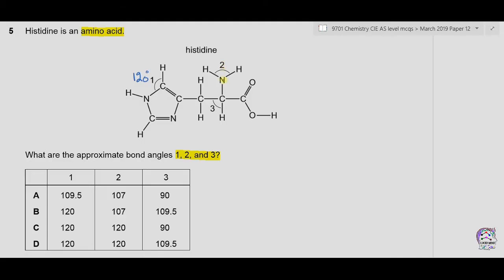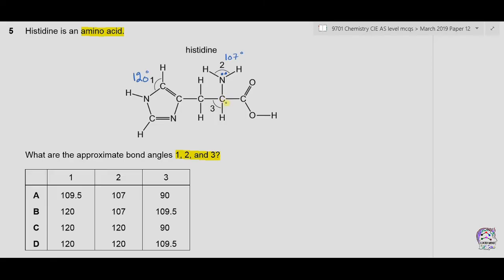For the second one, we can see that nitrogen is making 3 single covalent bonds, and also there is a lone pair of electrons present on the nitrogen atom. So the structure will be trigonal pyramidal, and the bond angle will be reduced from 120 to 107. For the third, we can see carbon. Again, carbon is present and it is making 4 single covalent bonds.